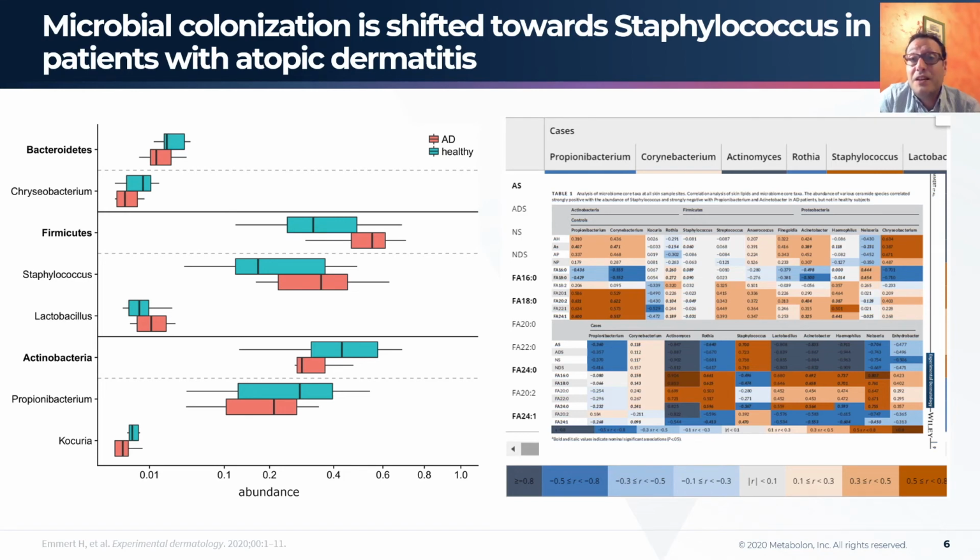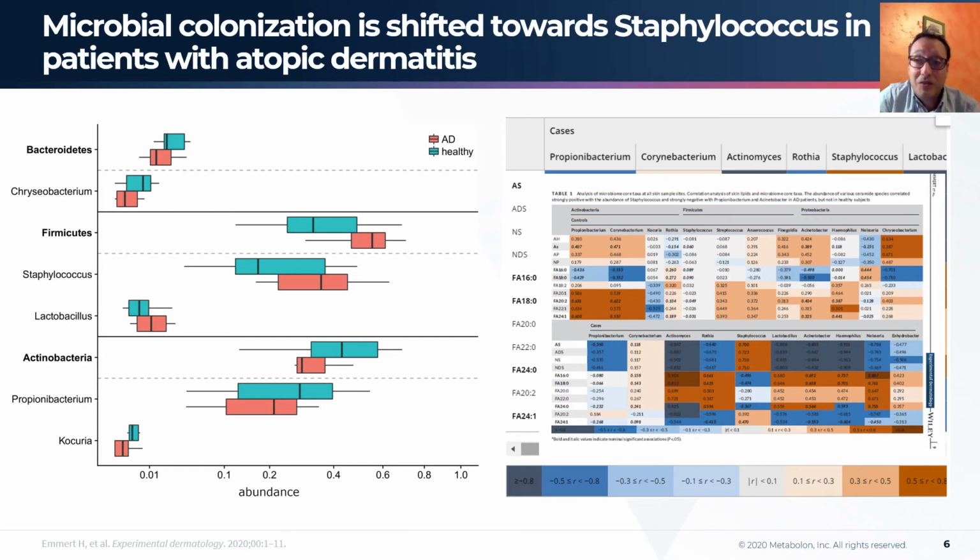These results indicate a correlation of ceramide species with an increased bacterial colonization with Staphylococcus and a decreased colonization with other bacterial genera in atopic dermatitis, but not in healthy subjects.